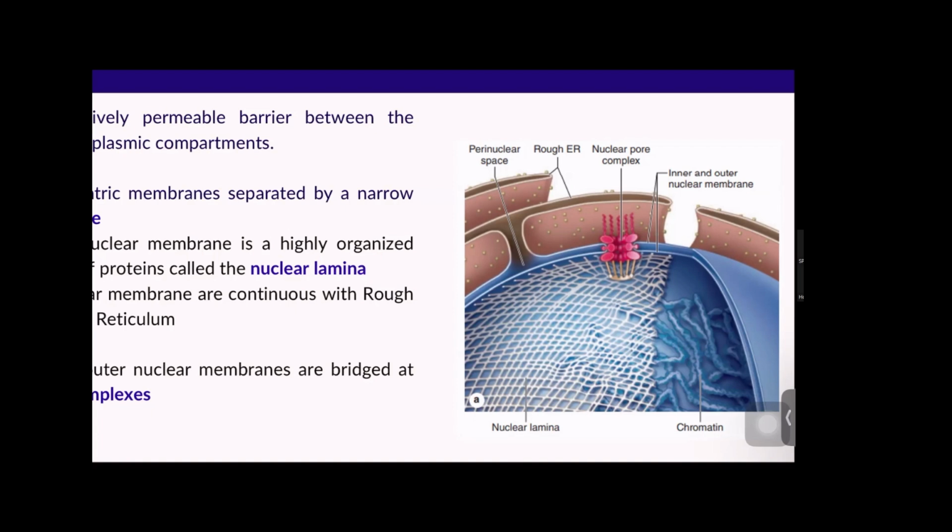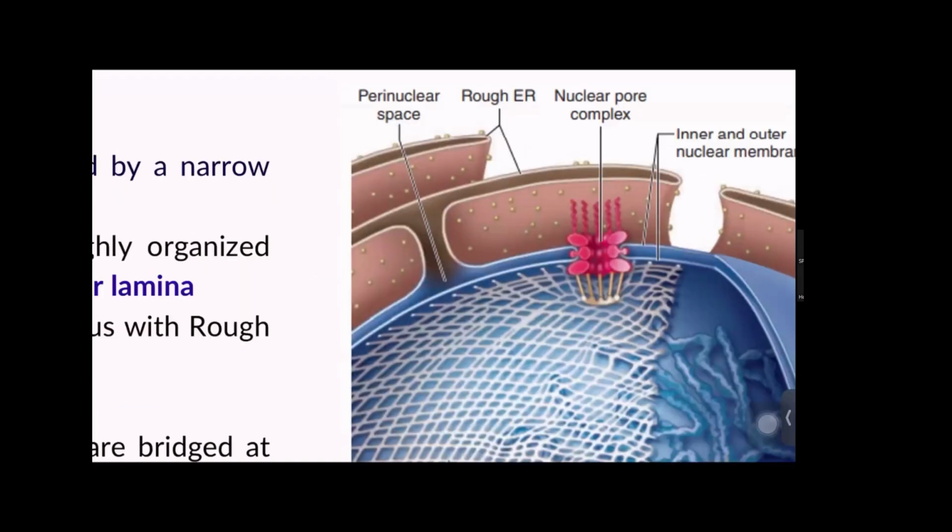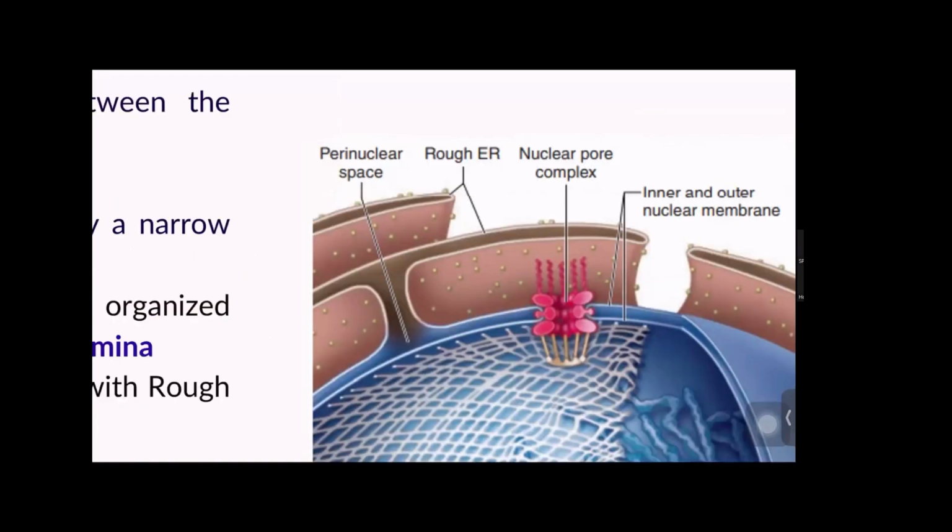The inner and outer nuclear membranes, class, are bridged by nuclear pore complexes. These pore complexes regulate the movement of macromolecules between the nucleus and the cytoplasm.